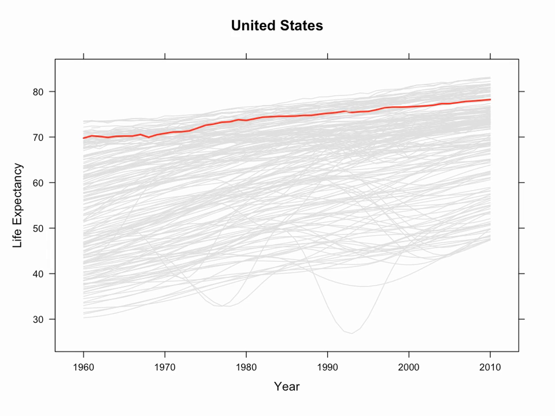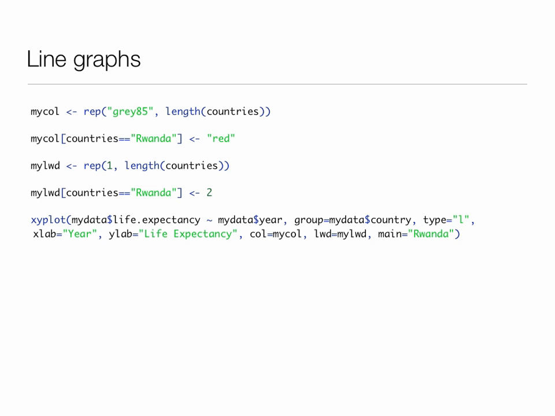So what happens if we want to do this with a different country? Let's say Rwanda. Same drill. You recreate the MyColor vector as a list of gray 85. You tell it, all right, go to the color entry in the color vector that's associated with Rwanda and turn that one red, and turn the line width from 1 to 2.